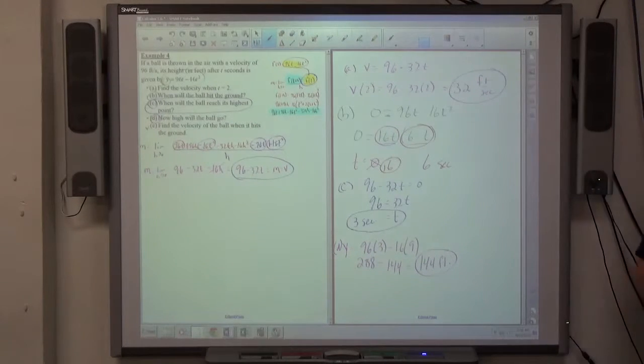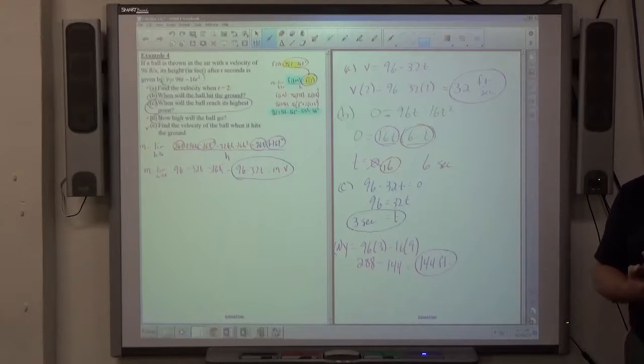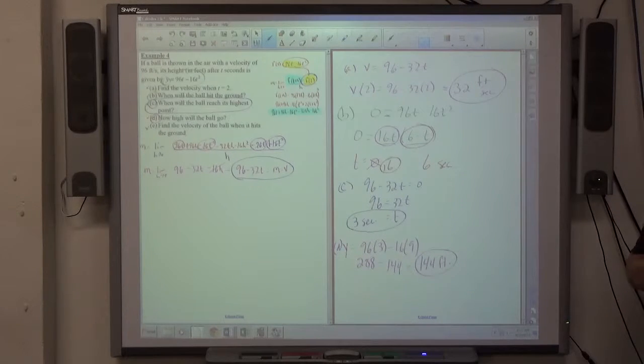So if you can throw a ball 96 feet per second, that's pretty fast, straight up. Let me get that in miles per hour real quick. That's 65 miles an hour. That's doable.